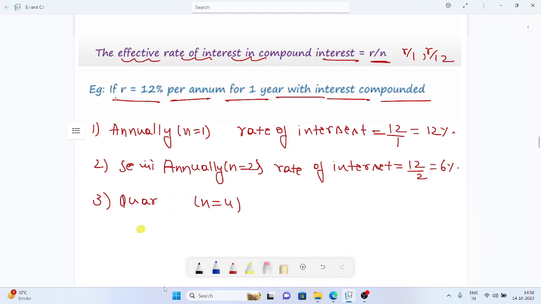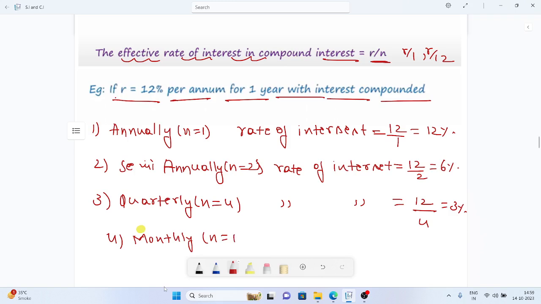Here quarterly, so what is the effective rate of interest here? It is 3%. Similarly, when you go for monthly, what is the value of n?